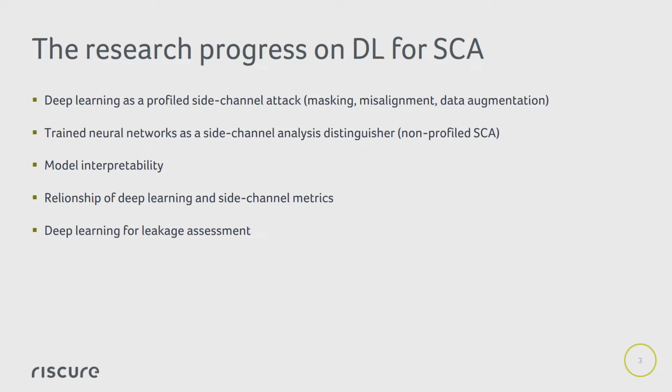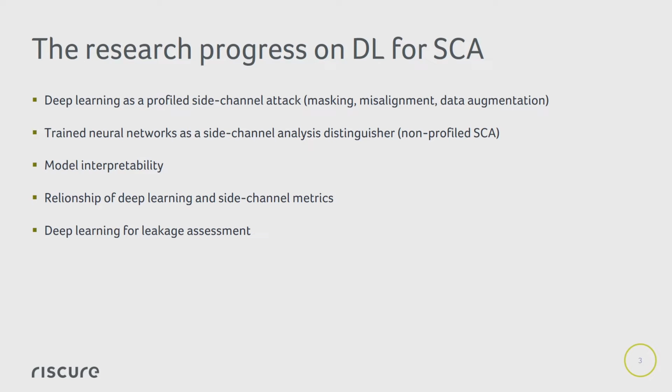The second group deserves its own group because it's a very distinct work, but it's the only paper, I think, presented at CHES this year, where the author used the neural network as the distinguisher for sidechannel analysis.